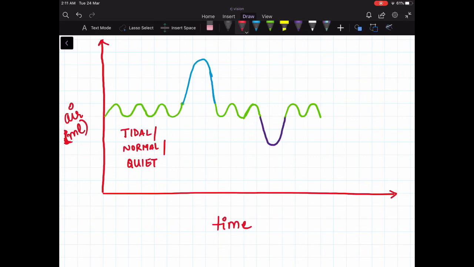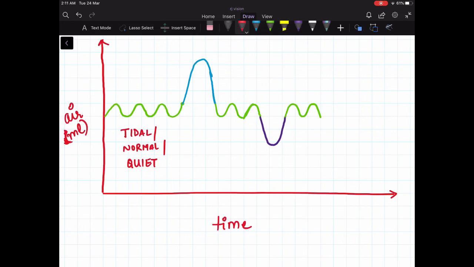Why do I call it normal? Because under normal circumstances, when you're not running, when you're not excited, when you don't want excess oxygen or to give off excessive carbon dioxide, you only have to do this breathing that is shown in green. So that's called normal breathing. Normal inspiration and normal expiration.